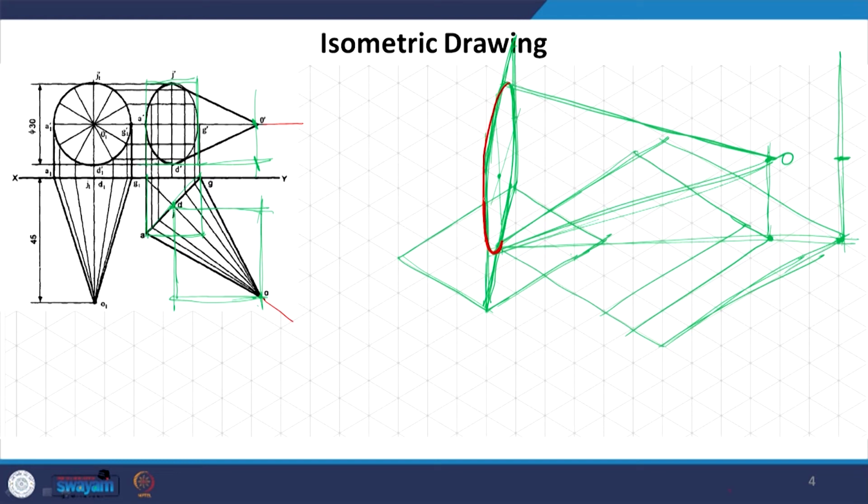So, what we have here is this, and then the slant coming, joining in the apex, and this part at the back is your dotted portion.